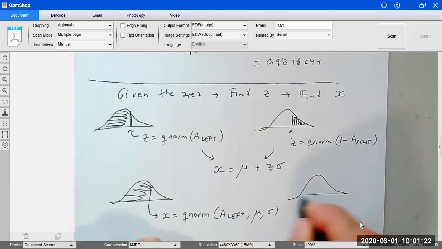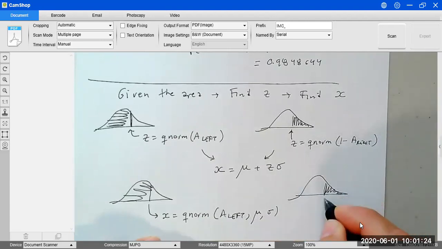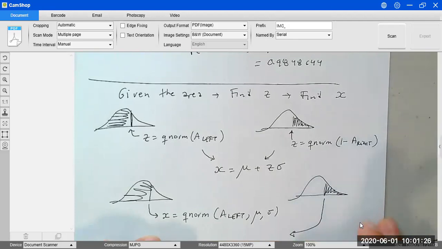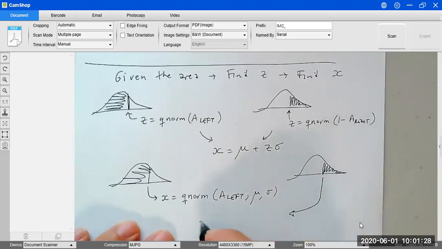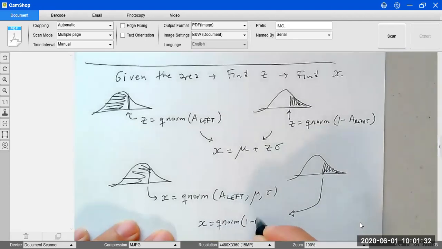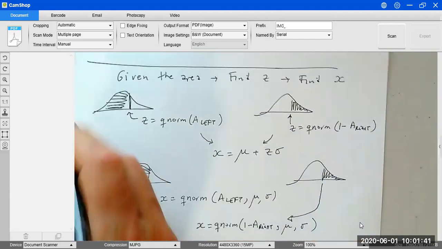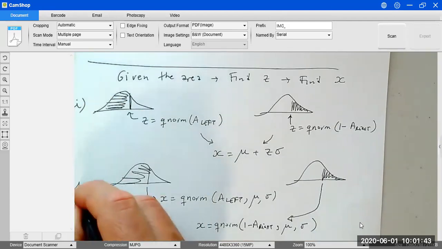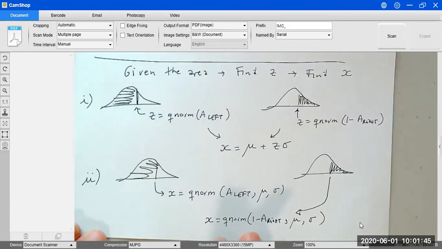Or if you are given the area to the right, you're going to find x by using qnorm of 1 minus the area to the right, comma, the mean of the population and the standard deviation. So these are the two ways to solve the problems that we're going to have now.